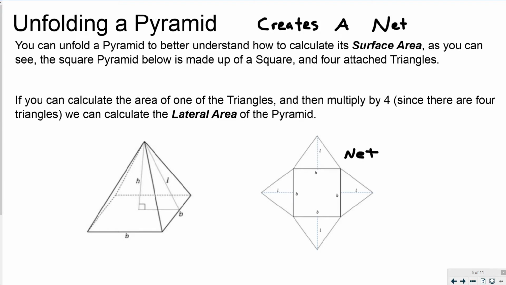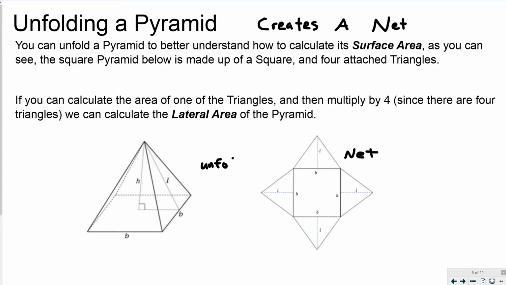So we can unfold a pyramid to better understand how to calculate its surface area. As you can see below, the square pyramid is made up of a square on the bottom as its base, and then four attached triangles. If you unfold the triangles and make it so they don't touch each other anymore, the one on the left unfolds into the one on the right.